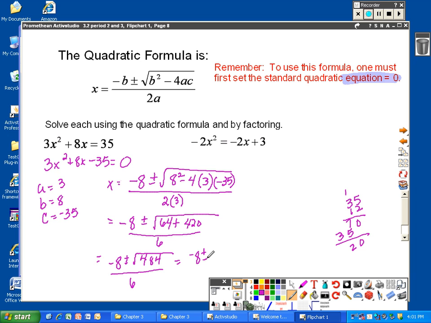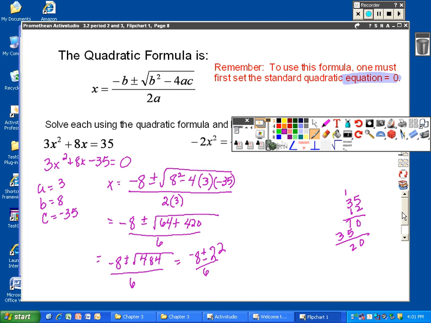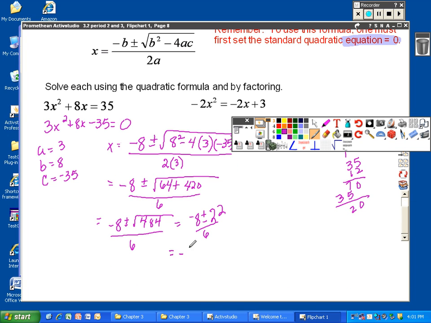It's 22, all over 6. So this becomes negative 8 plus 22 over 6, or negative 8 minus 22 over 6. This is 14/6, which is 7/3. And this one is negative 30 over 6, which is negative 5. So you still get 2 answers.